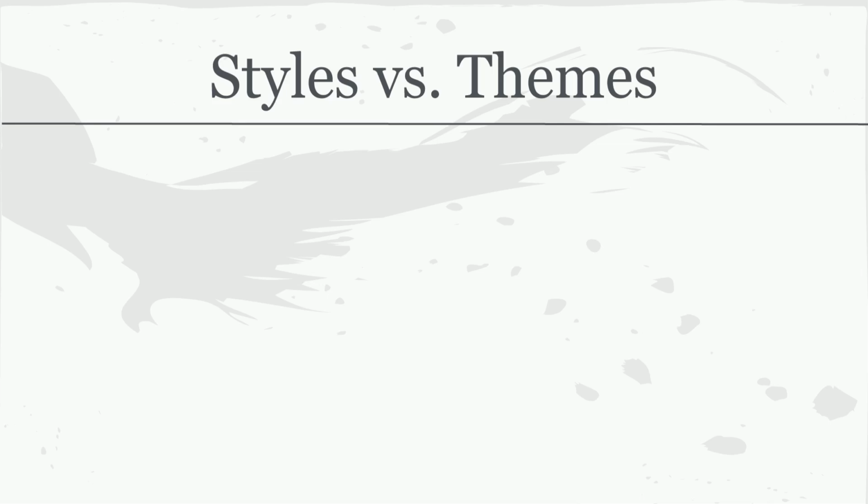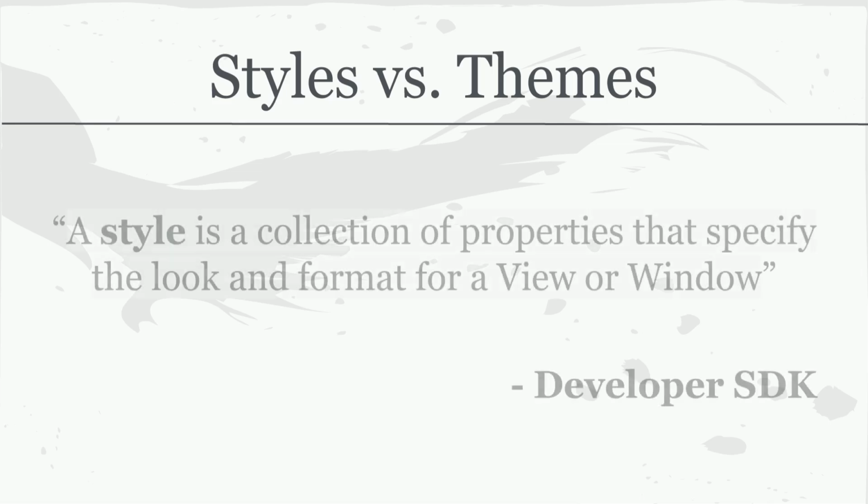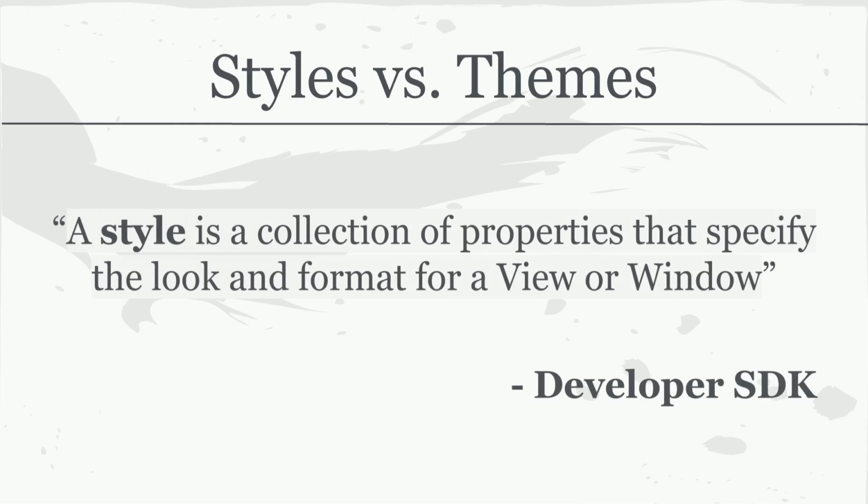Understanding the difference between styles and themes is critical to this entire lesson, so I'm going to spend a bit of time on it. But first, the definition of a style. It's, according to the developer SDK, a collection of properties that specify the look and format for a view or window.